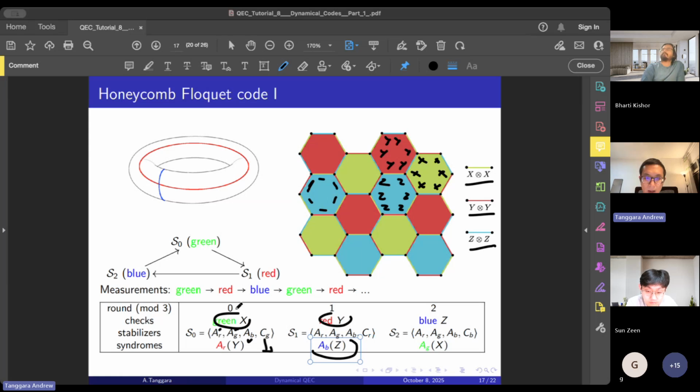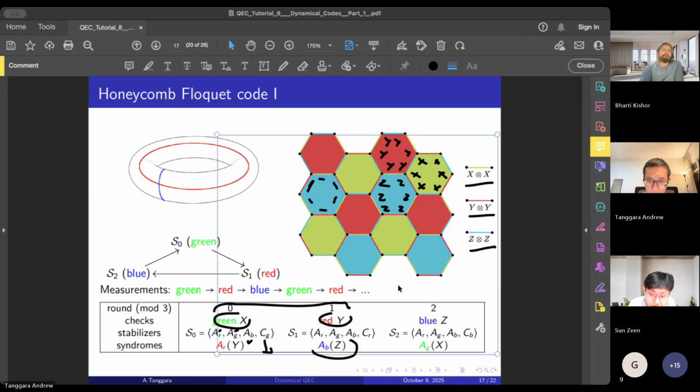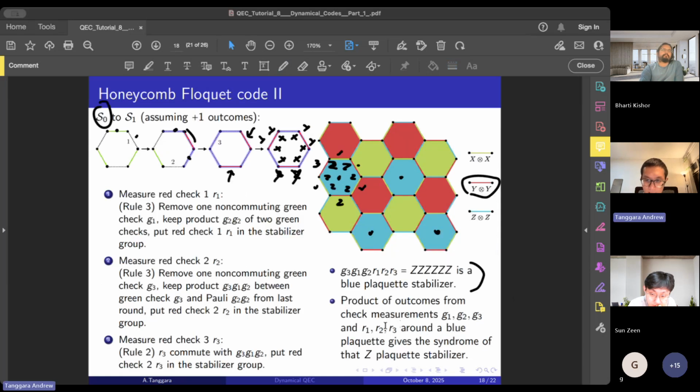So across these 2 rounds, I'm measuring these blue 6 qubit stabilizers. That's basically what this last bit says.